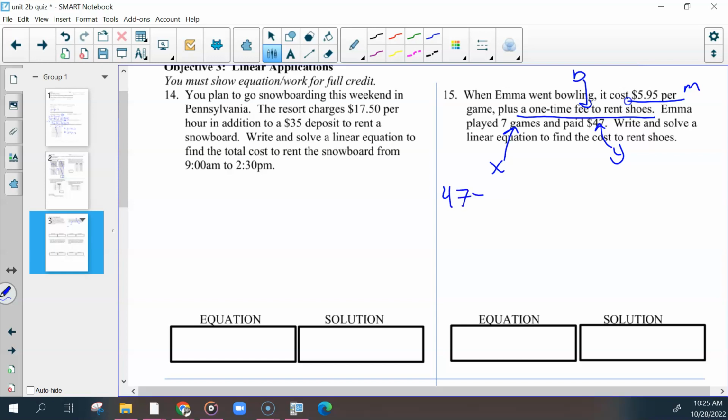Y equals m times x plus b, or some of you are putting this in point slope form. Either of those would be fine. That would be the equation you write down here. And then you would solve.